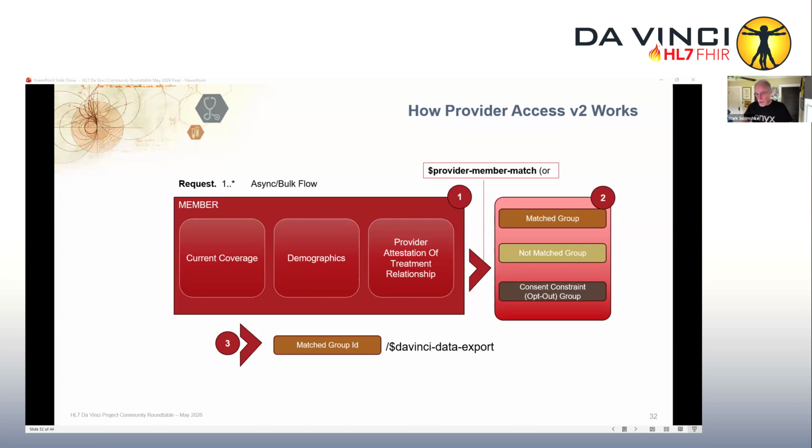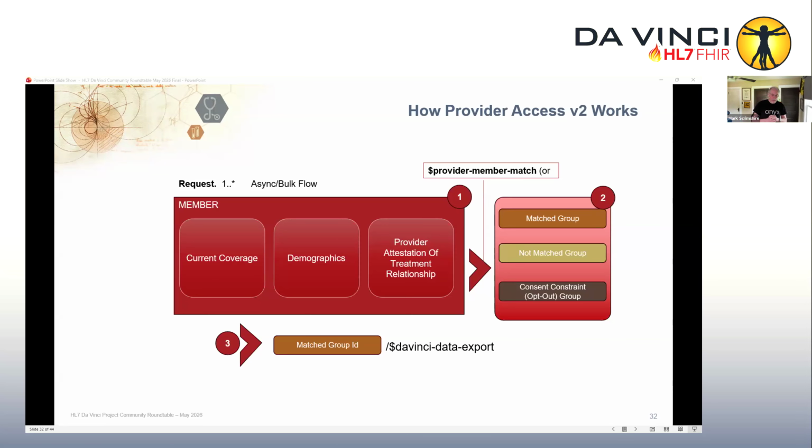And you can construct a FHIR query that does exactly that. So you could actually pass in the instruction saying, give me the data for these members, and I'm interested in these particular FHIR resources. So the provider is in a position to avoid taking that fire hose of data. They can be as selective as they want. And so we built that capability.